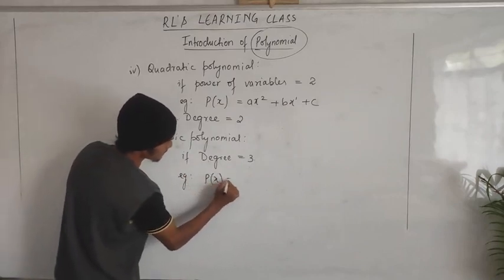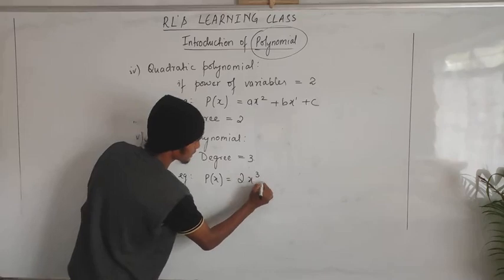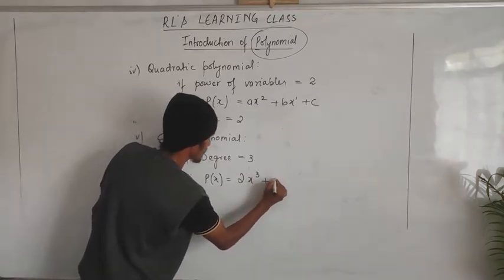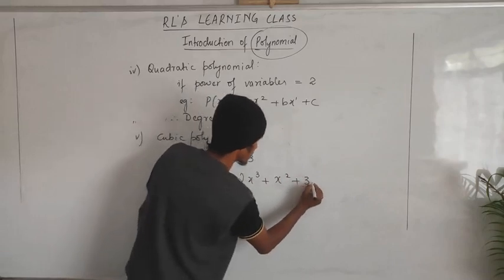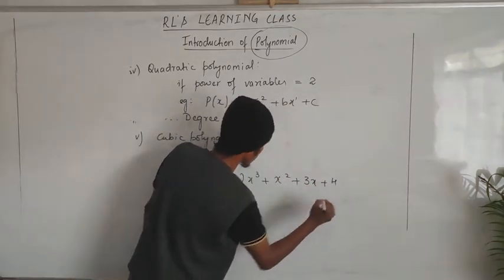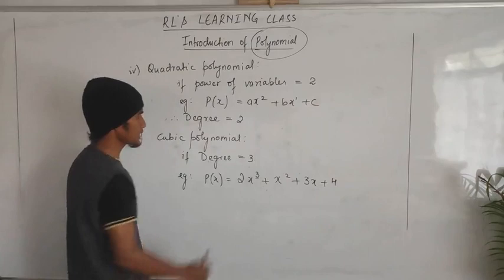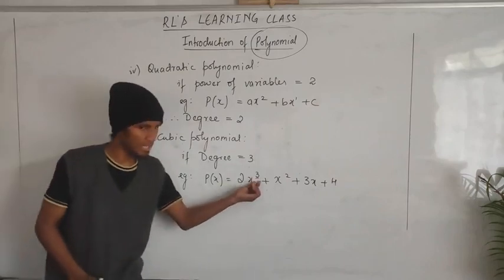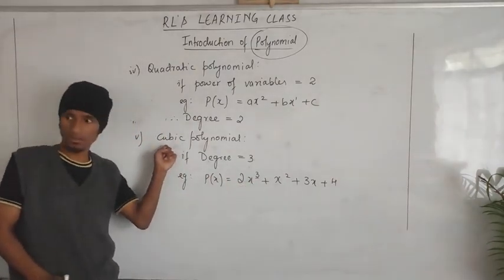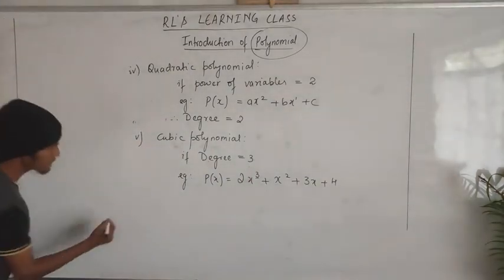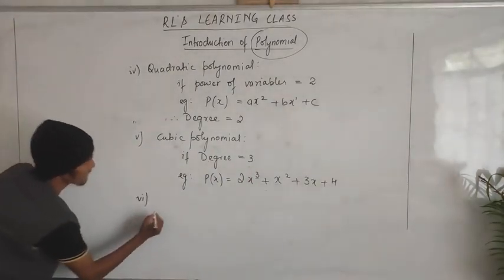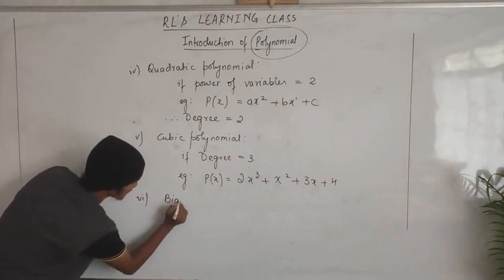P of x is equal to 2x cubed plus x squared plus 3x plus 4. Now what is the power here? 3. Then if the highest power is 3, then that will be called cubic. Okay, then last one, according to syllabus, that will be biquadratic.